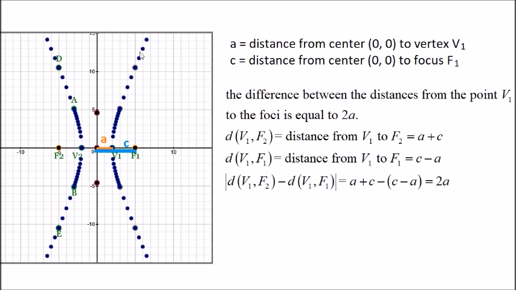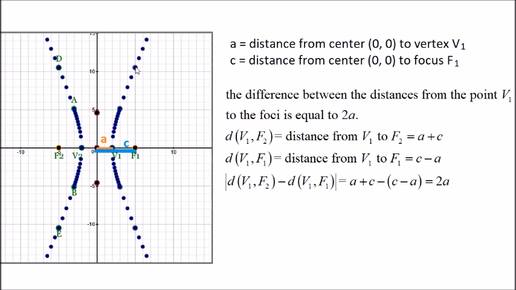And so what that means is that for any point on the hyperbola, the difference between the distances from the point to focus 1 and focus 2 will always be 2a. So pick any point, say this point right here.